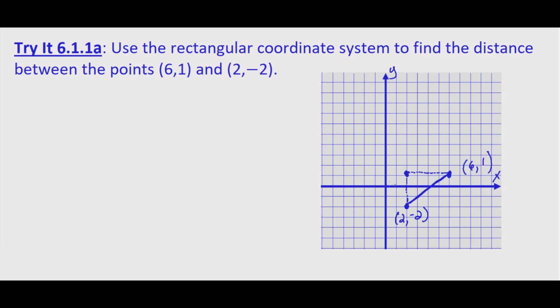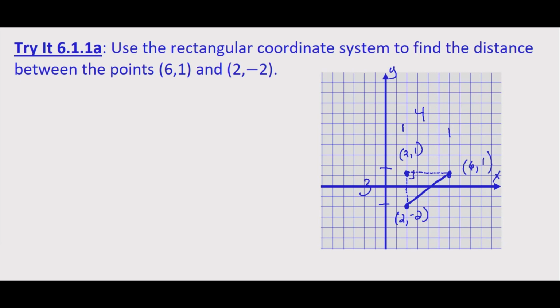Well, that point is at (2, 1). So the distance from here to here is 3 units. And from (2, 1) to (6, 1), that's going to be 4 units.